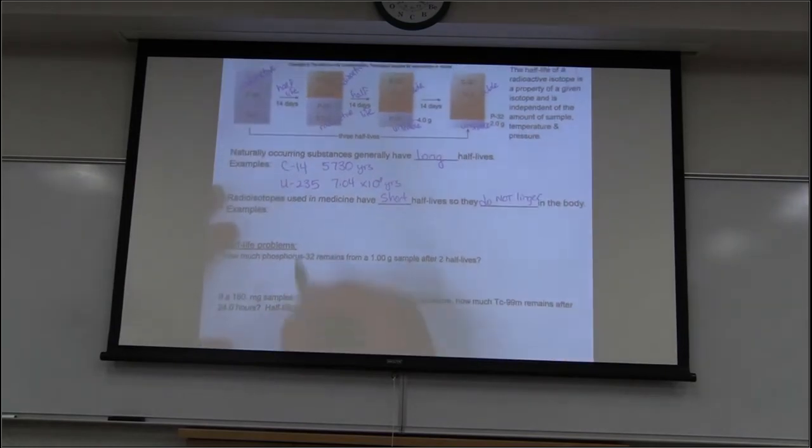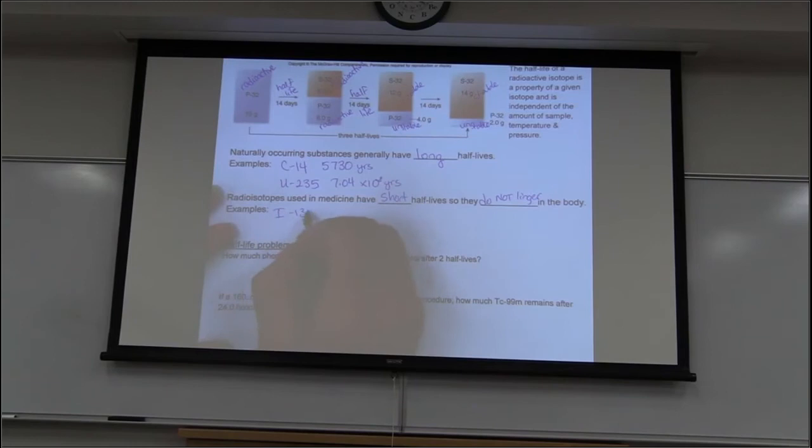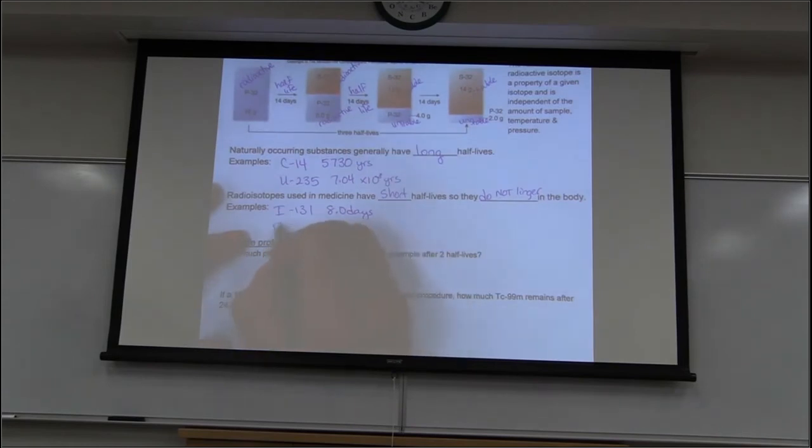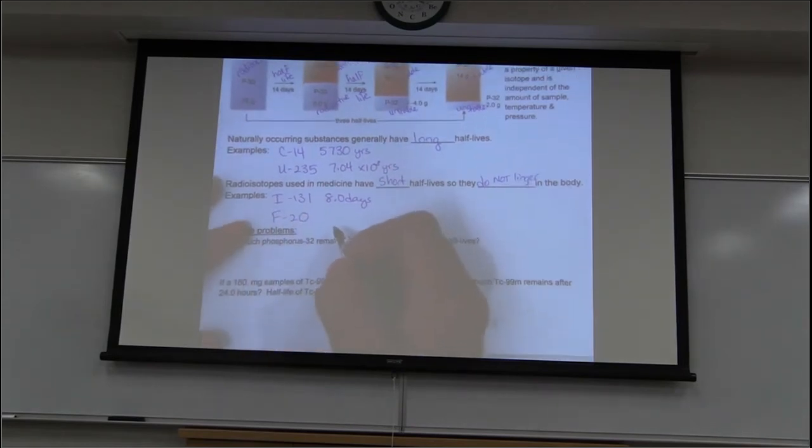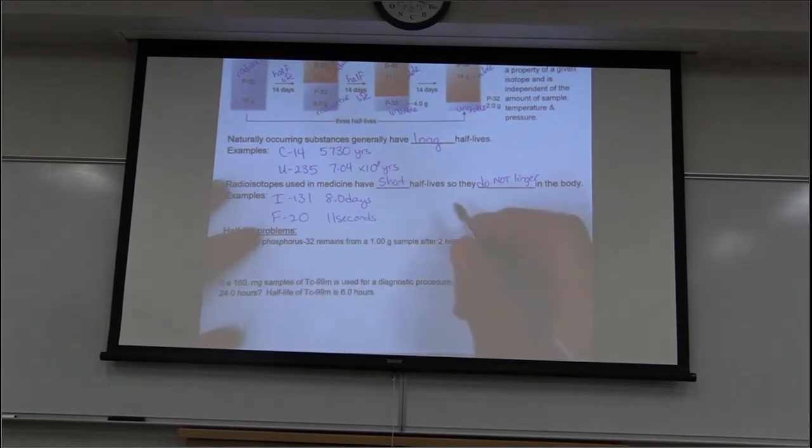Radioisotopes used in medicine: iodine-131 has a half-life of 8 days. Fluorine-20 has a half-life of 11 seconds. Technetium-99m has a half-life of 6 hours.